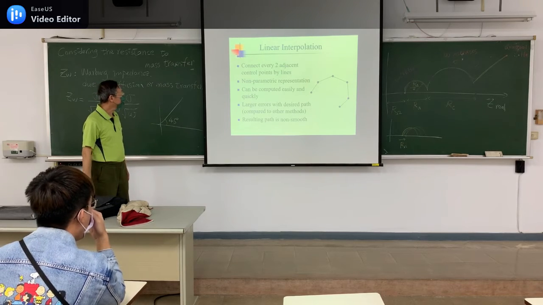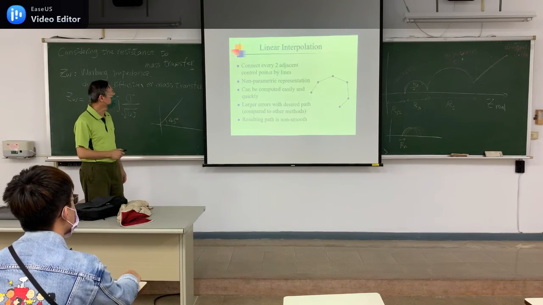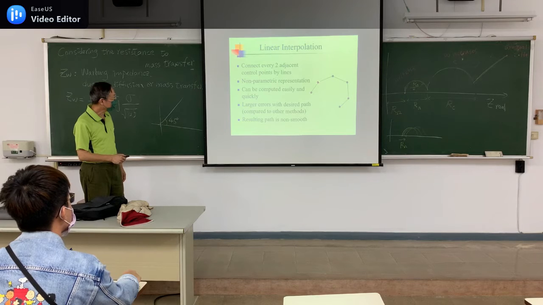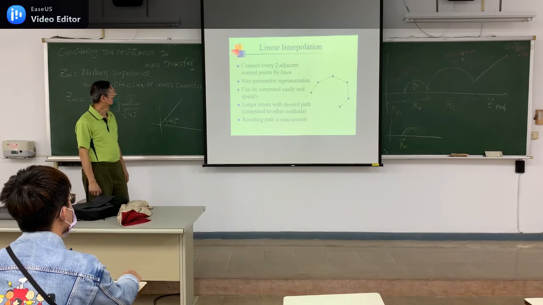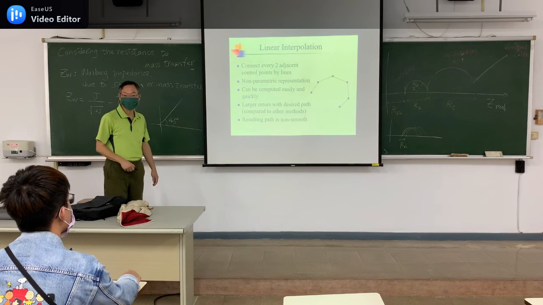Linear interpolation is the simplest one. We simply connect every two adjacent control points by lines. This point and this point, connect them by a straight line. So it's something like this. This is a non-parametric representation.